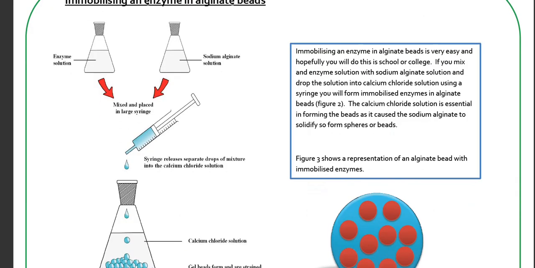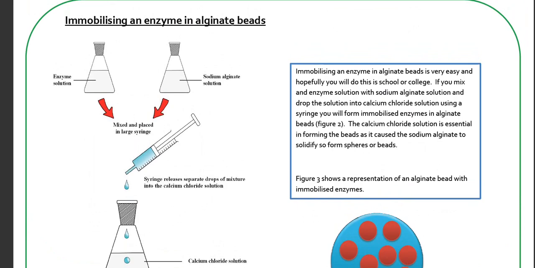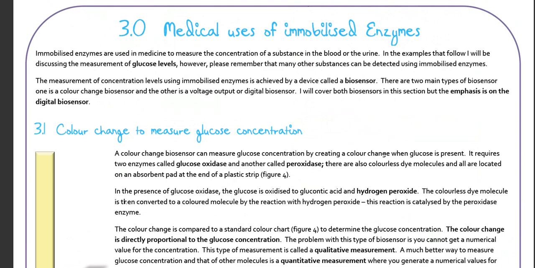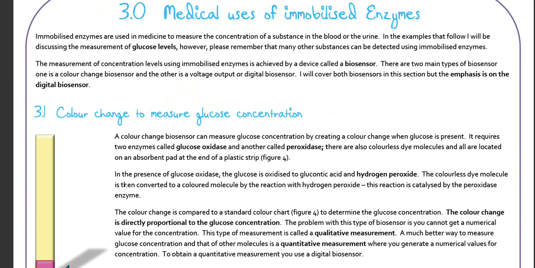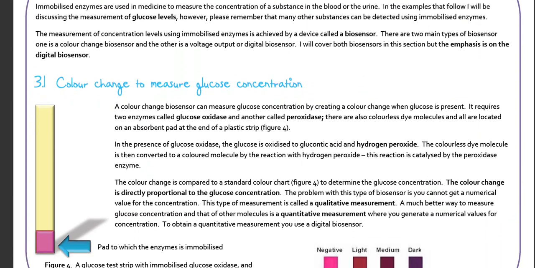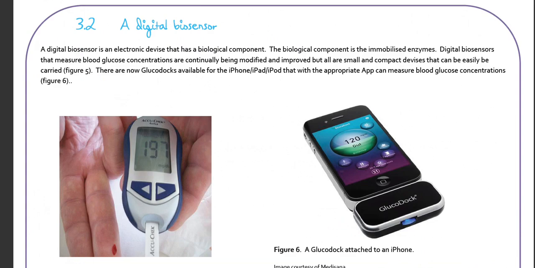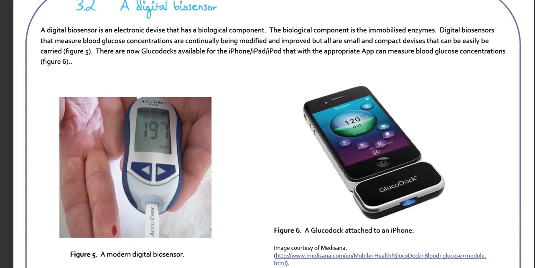The next one here is a method for immobilizing enzymes in alginate. This slide here looks at the qualitative biosensor, which is the CliniStick. You just get a color change. The next slide we'll look at the digital biosensors.